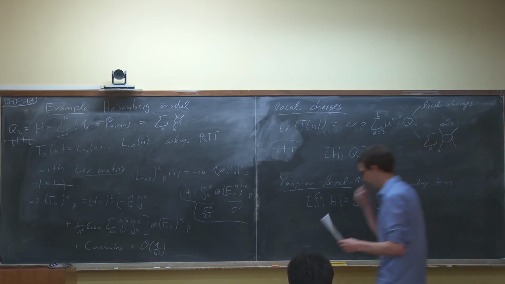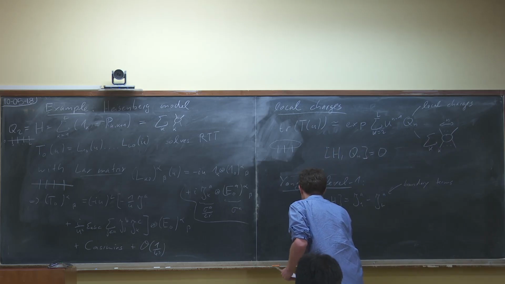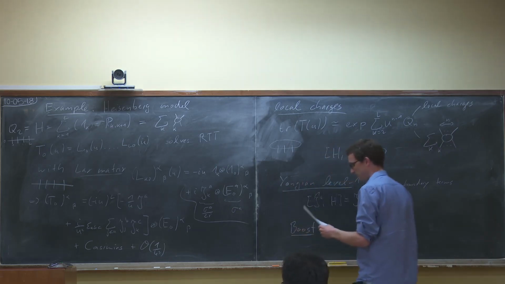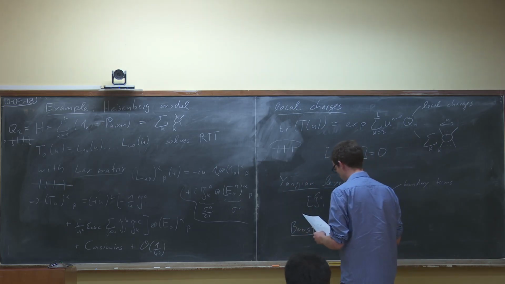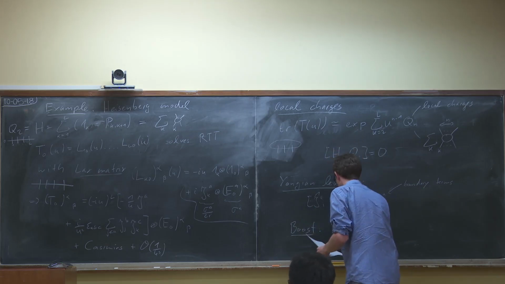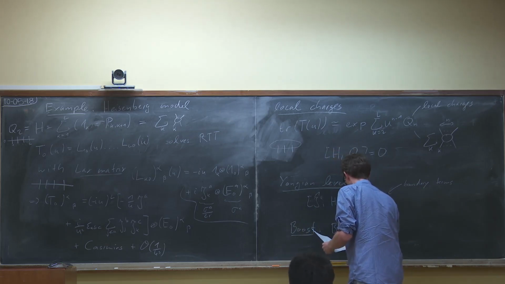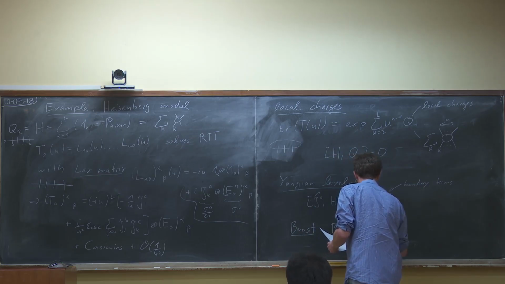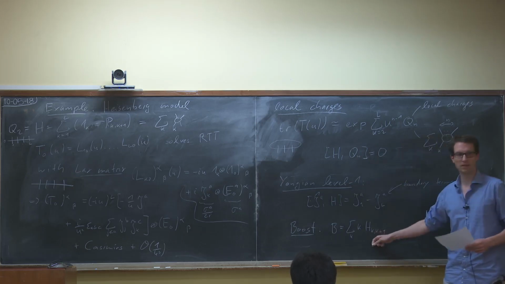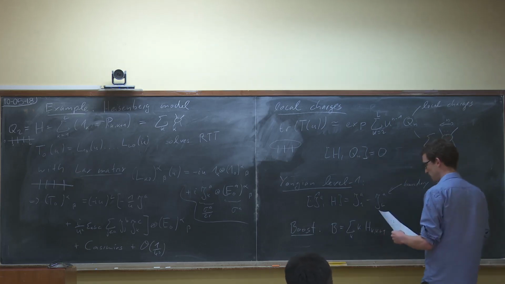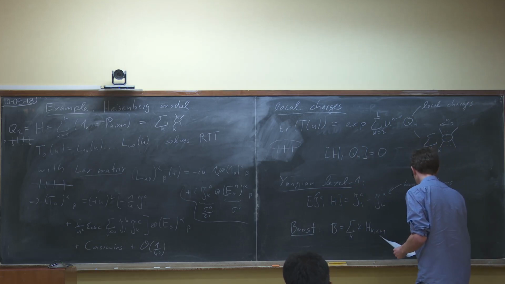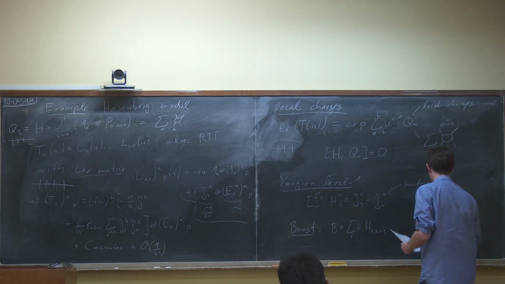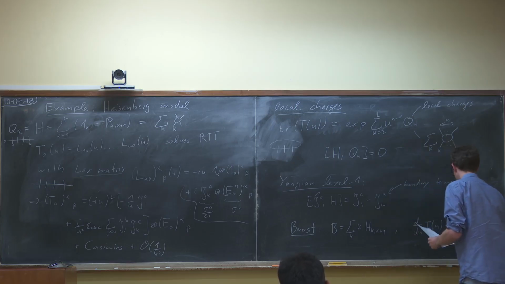Let me just say, since I emphasized this before, that now this boost, which in this context is just the first moment of the Hamiltonian, will act on the monodromy like this, namely exactly as the shift in the spectral parameter.